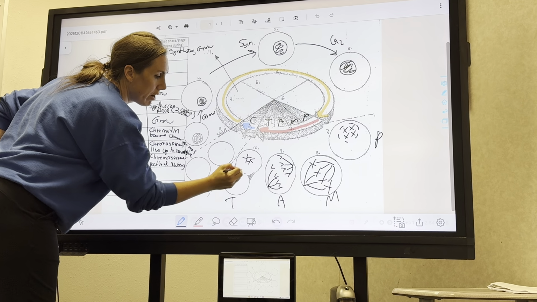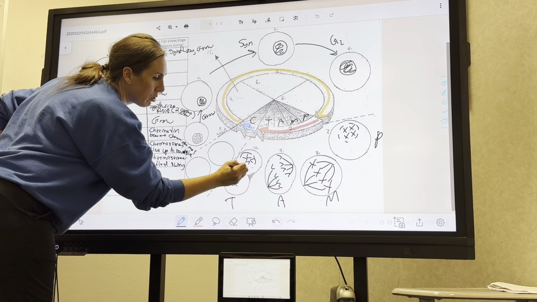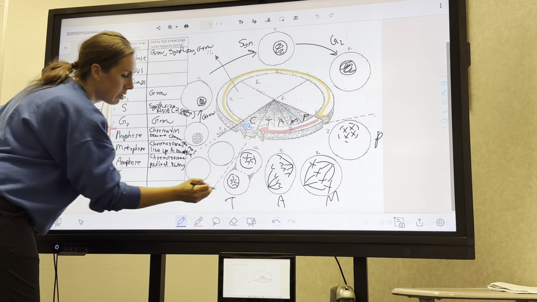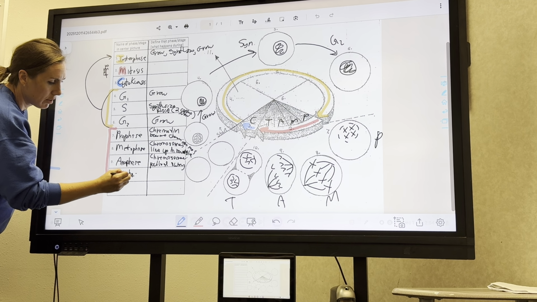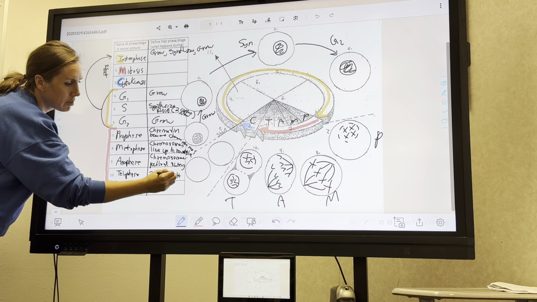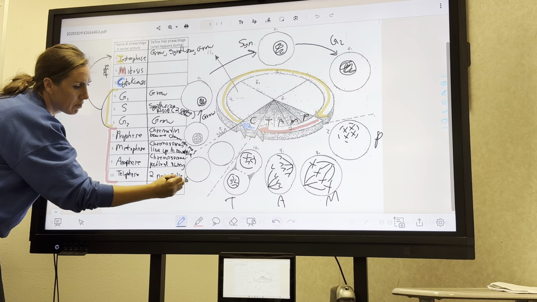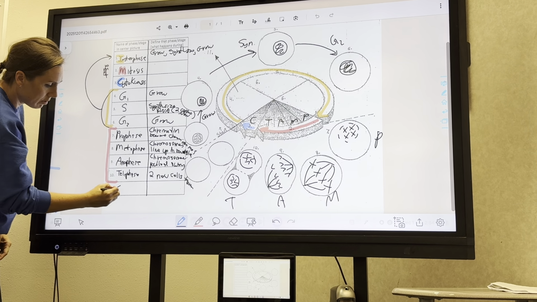Here's our 4 different sister chromatids. There might be a nucleus forming around. Two new cells begin to form. And cytokinesis.